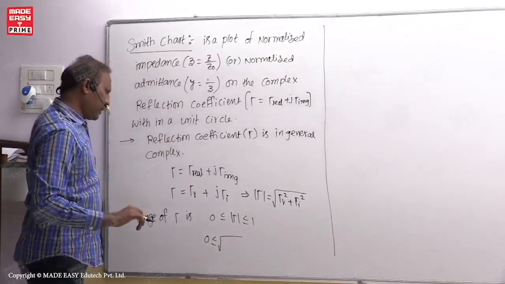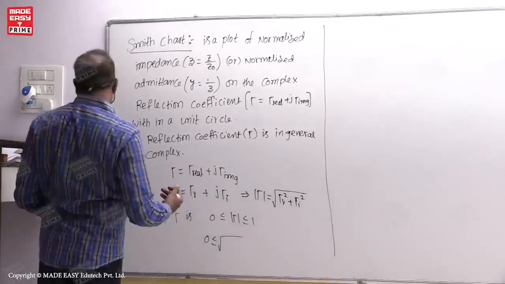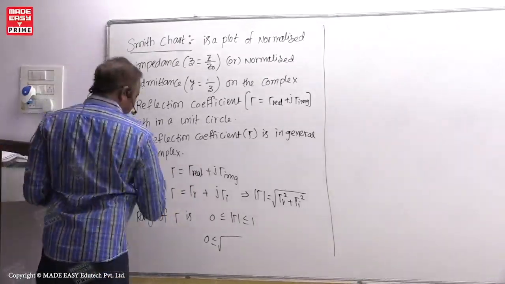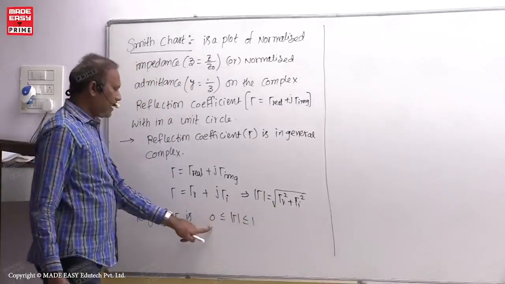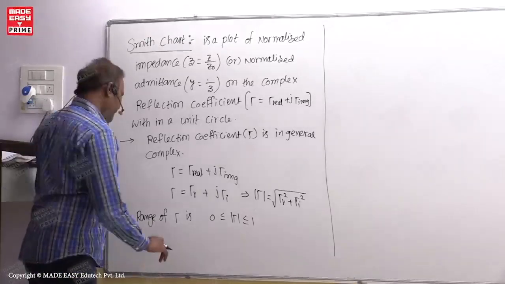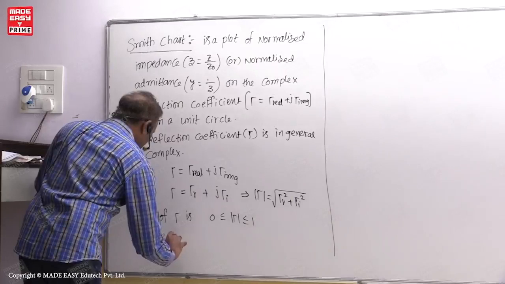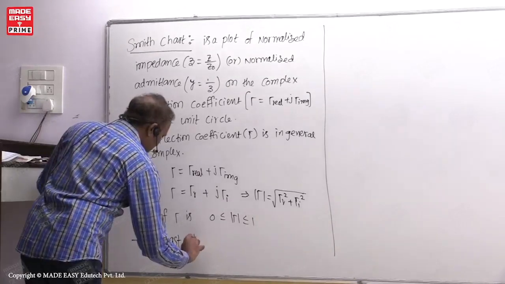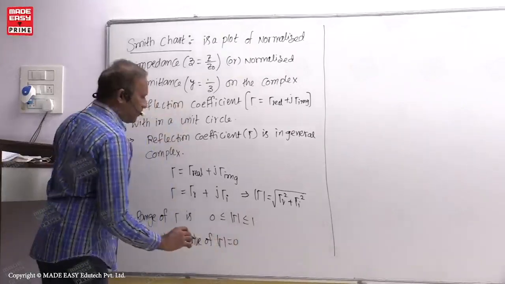I will do like this, students. Let it be like that. So what is the least value of mod gamma? That is 0. What is the highest value of mod gamma? That is 1. Next, the least value of mod gamma is 0.